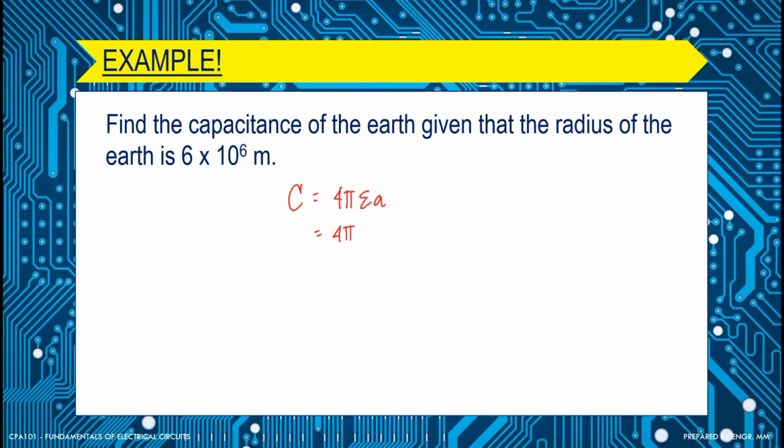So 4 pi times the constant, 8.854 times 10 raised to negative 12, and A is the given radius, which is 6 times 10 raised to 6 meter. So our answer would be 667.59 microfarad.